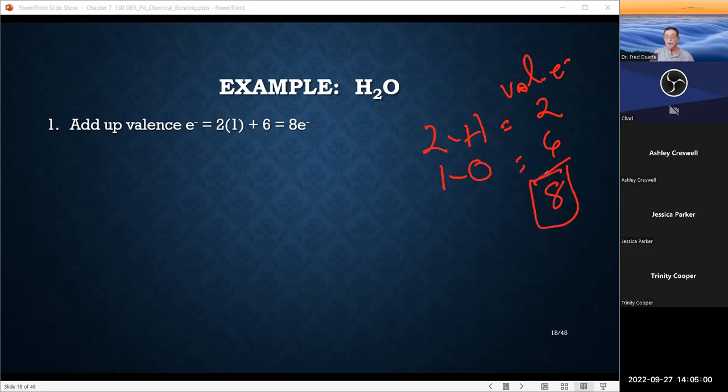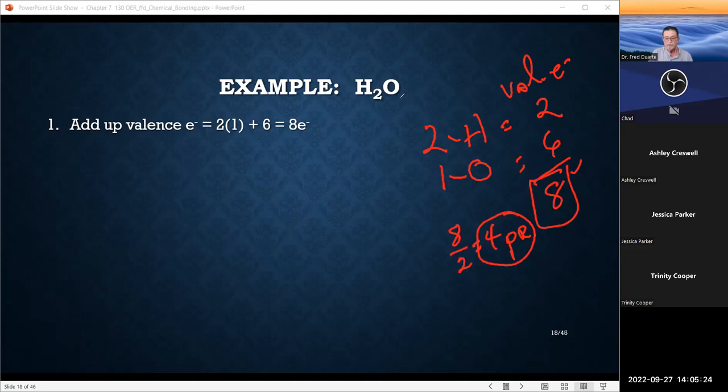That is the number we're working with. Now, what I like to do is take that number, which should always be divisible by 2, because now I'm working with pairs. If I divide that total number by 2, I got 4 pairs to work with, and now I can just make a line and let a line represent a pair.